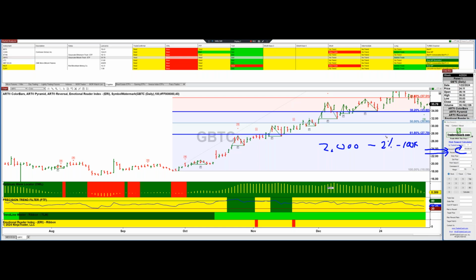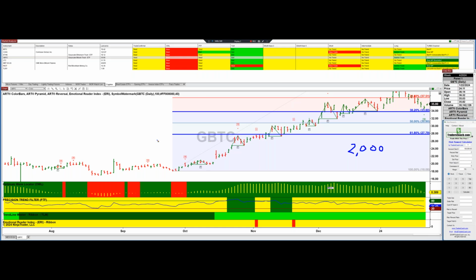Now, what that 2% does not mean is that you're only buying $2,000 of the stock you want to trade. That's not what that means. So it has nothing to do with buying power. It's how much you will lose if the trade hits your stop.